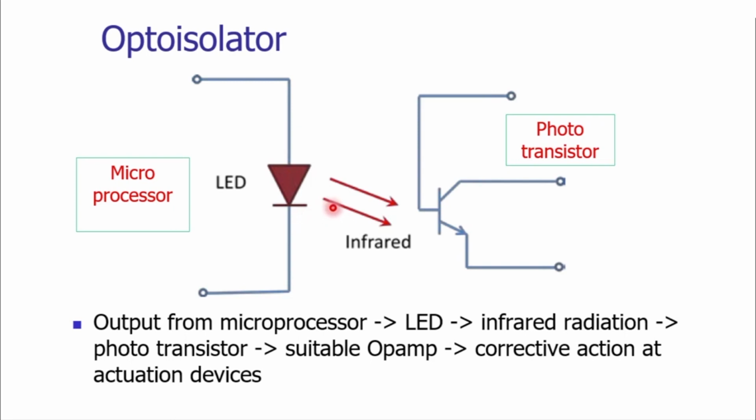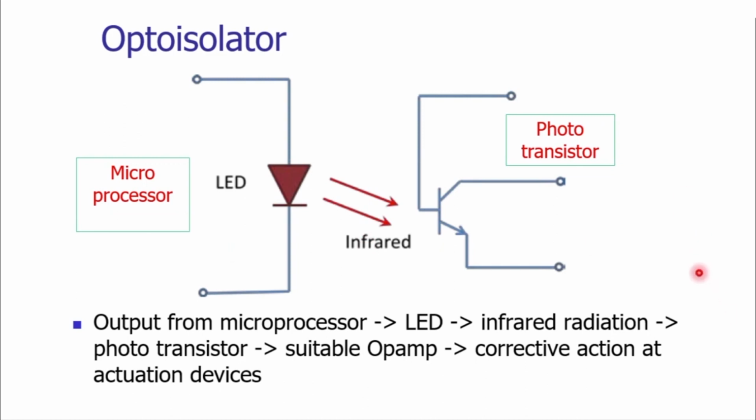Therefore, the infrared radiation will also increase, and the corresponding current generated in the phototransistor will also increase. A sudden increase in the current in the phototransistor will lead to generation of an alarm, or it will directly switch off the power supply to the microprocessor. It will isolate the microprocessor from the flow of high current which is flowing through its circuitry.